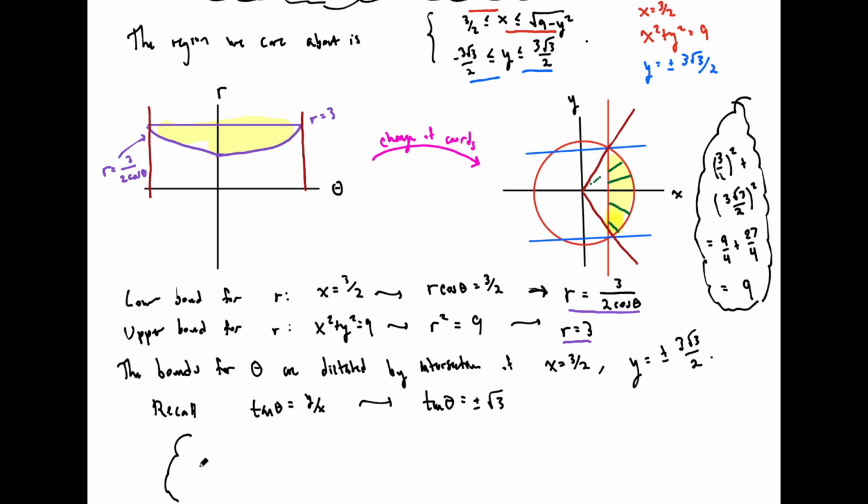And then if you remember standard values of tangent, you can probably identify the relevant angles. But one kind of tricky way to think about this is that √3 is like √3 over 2 over 1 over 2. And then here it's easier to see what sine and cosine need to be. Sine should be √3 over 2, and cosine should be 1/2, which means that theta is going to be plus or minus pi over 3, probably.